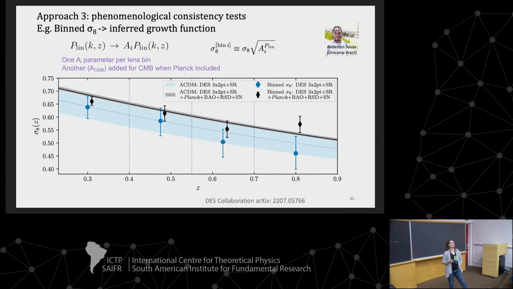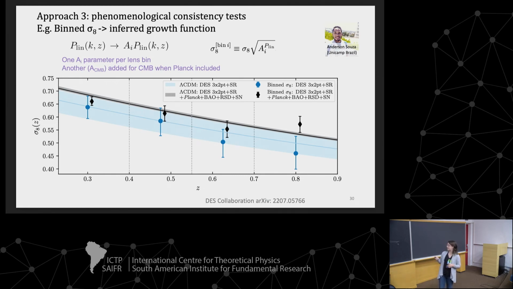For example, people look at growth-geometry split analysis, where you ask whether constraints on expansion history agree with constraints on structure growth. For our year 3 analysis, we do this bin sigma 8 model, where when we compute our linear matter power spectrum, which is one of the inputs for predicting our 2-point correlation functions, we just scale it by a constant amplitude in different redshift bins.